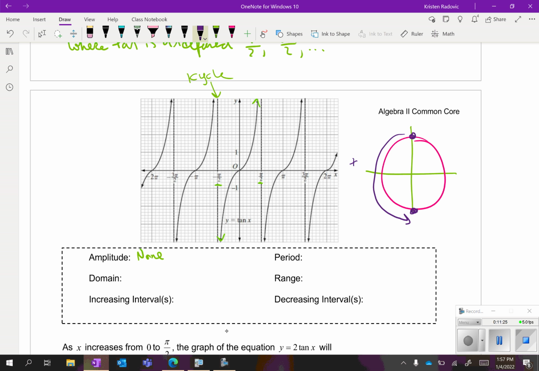Half of a circle is pi units. So the period is pi, or 180 degrees, but we're going to keep it in terms of radians because that's usually how we do trig graphs.